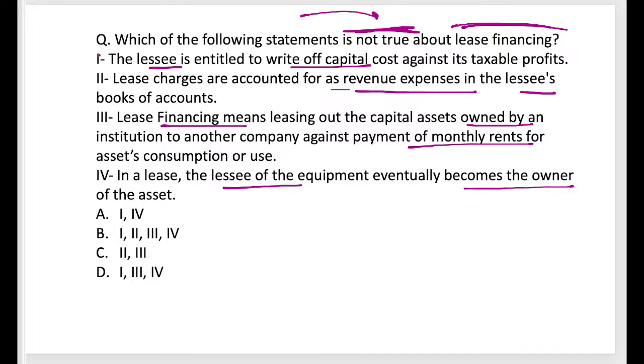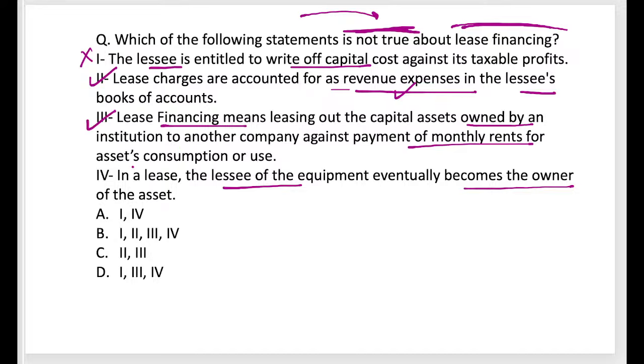So the first statement is wrong. The lessee is entitled to write off or charge depreciation against this, or capital cost against the taxable profit. Lease charges are accounted as revenue expenses for the lessee in the lessee's books. Lease financing means leasing out a capital asset owned by an institution to another against payment of monthly rent, for use and consumption.